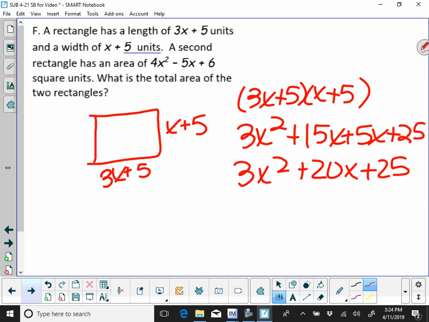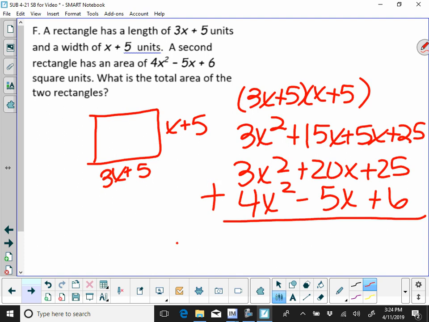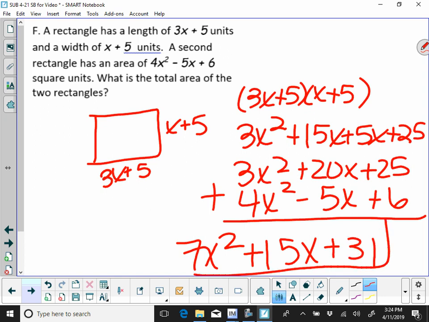And then total area means to add that to the other rectangle that they gave us. So our final answer should be 7x squared plus 15x plus 31.